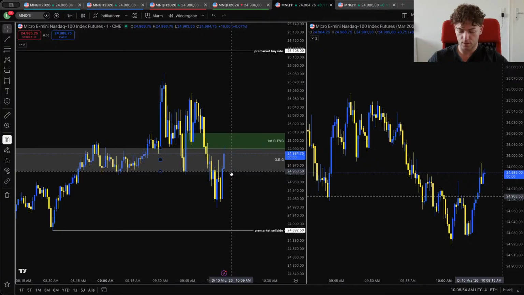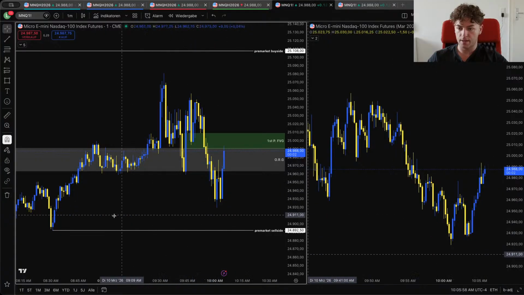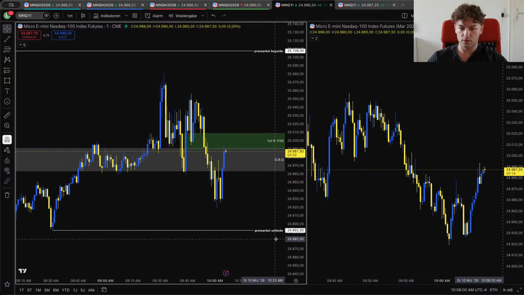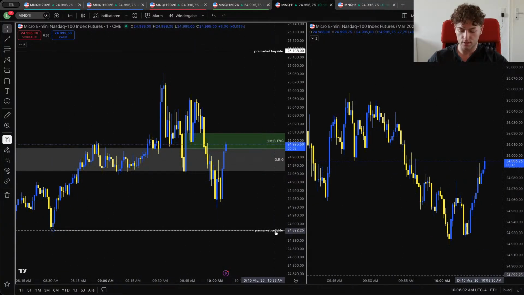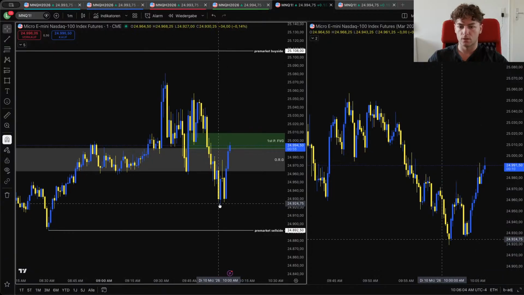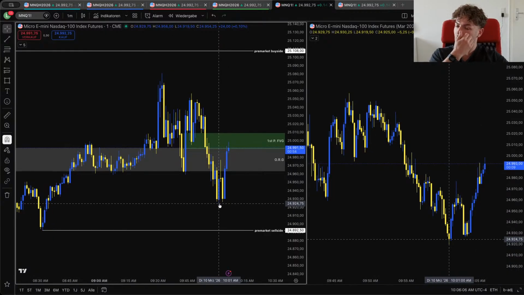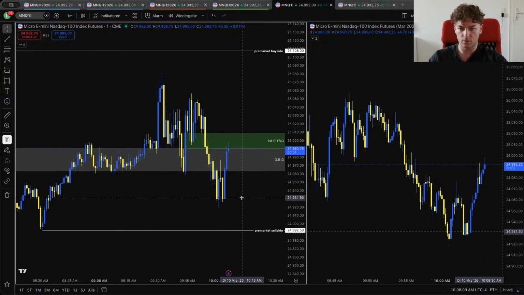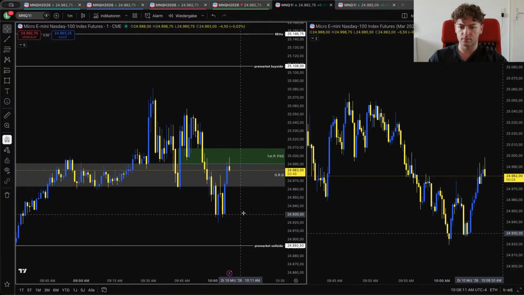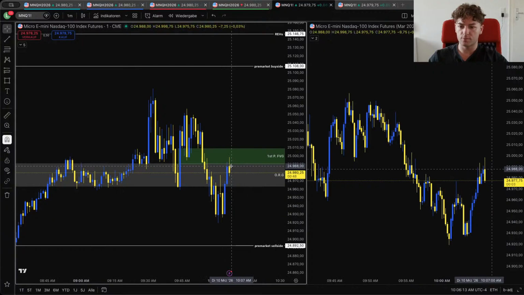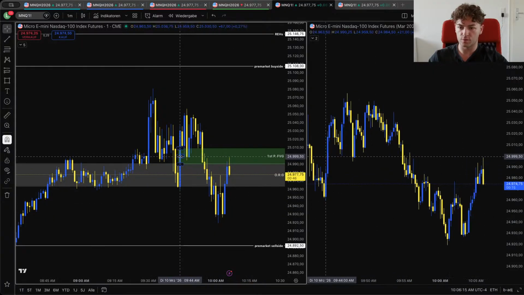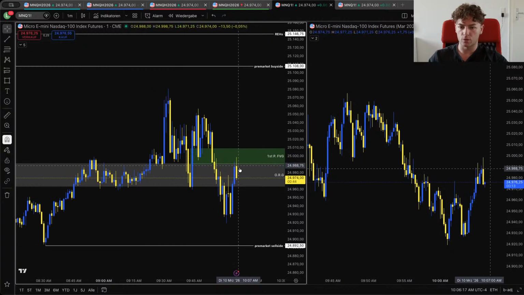And its consequent encroachment, sell side liquidity at 25,892.50 is the draw, he said. Okay, so ICT is looking for this low to be taken out. But I guess, okay, as long as price stays below the first percent fair value gap, we are looking for that sell side to be taken.